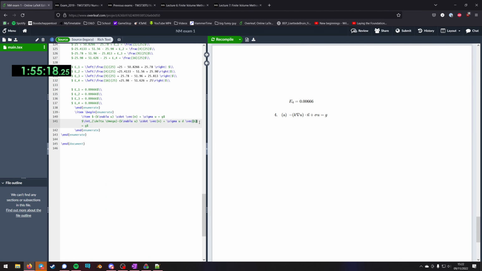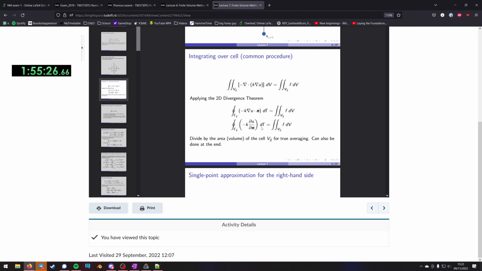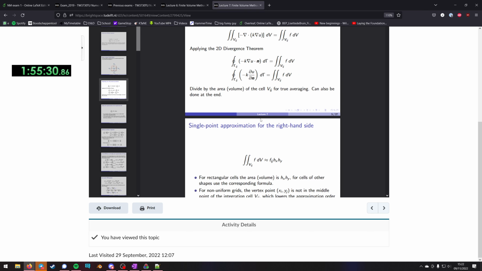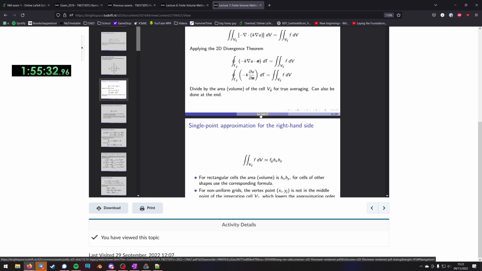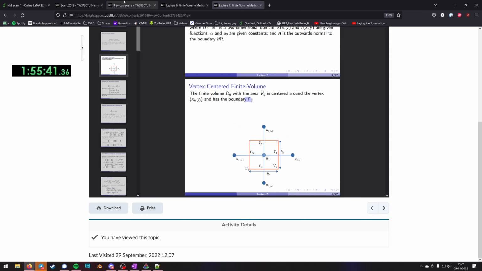So dv. Although no, I'm thinking about the, yeah, so this is just the integral over the outside, over the boundary.